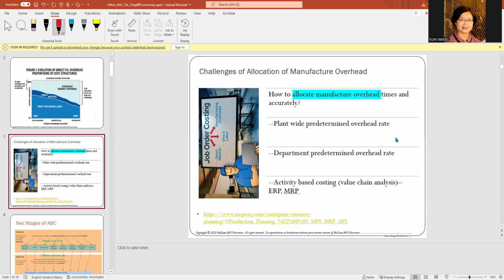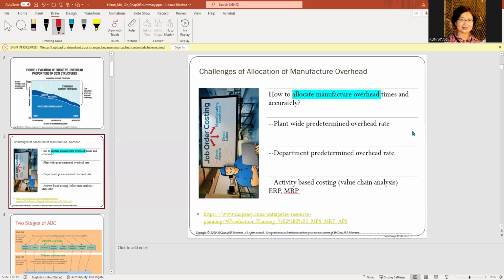In that case, a plant-wide or company-wide predetermined overhead rate will be enough to give you reasonably accurate information about the cost reports. So the whole company will use the same overhead allocation approach.